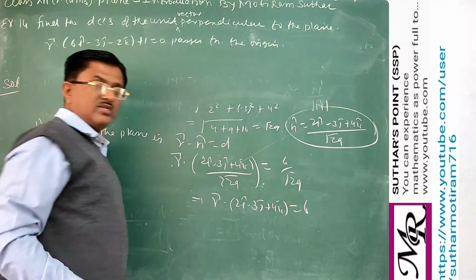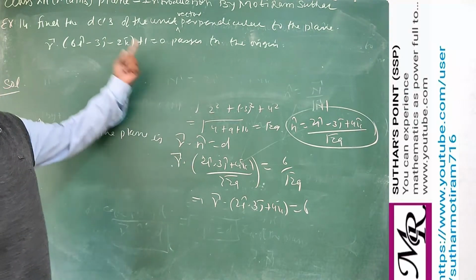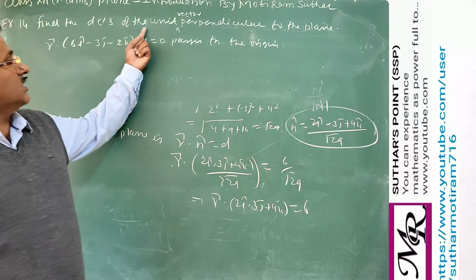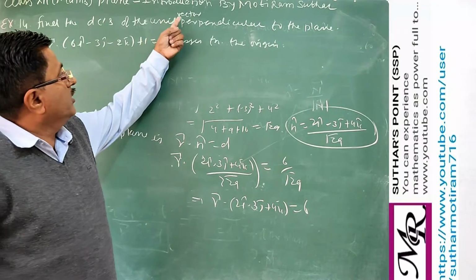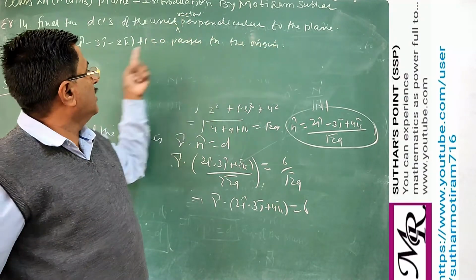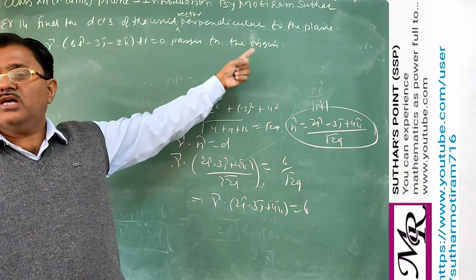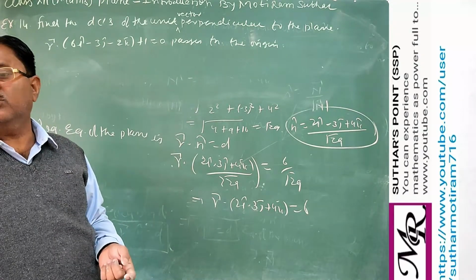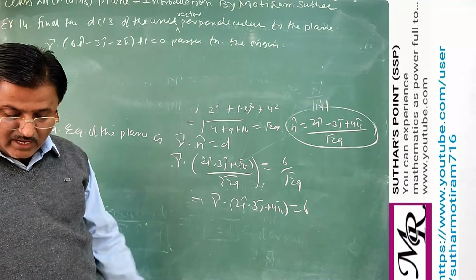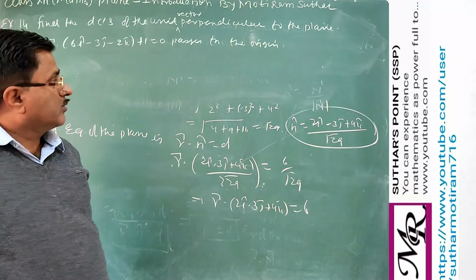Who passes through the origin? The unit vector passes through the origin, not the plane passing through the equation.